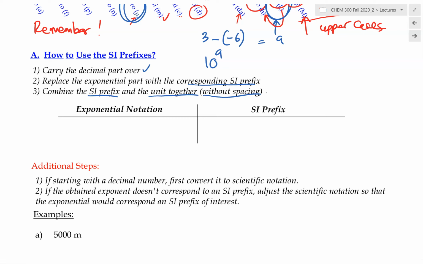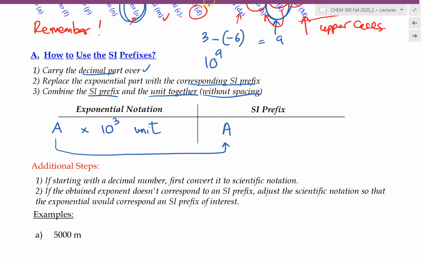For an example, let's say here we have A, where A is a value, and that is the coefficient part right there, multiplied by 10 to the third, followed by a particular unit. So given an exponential notation, we have A, the coefficient, times 10 to the third, followed by the unit. How do we convert this into the SI prefix? First, we carry this A, or this decimal part, over. So carry this over, and keep it the same.